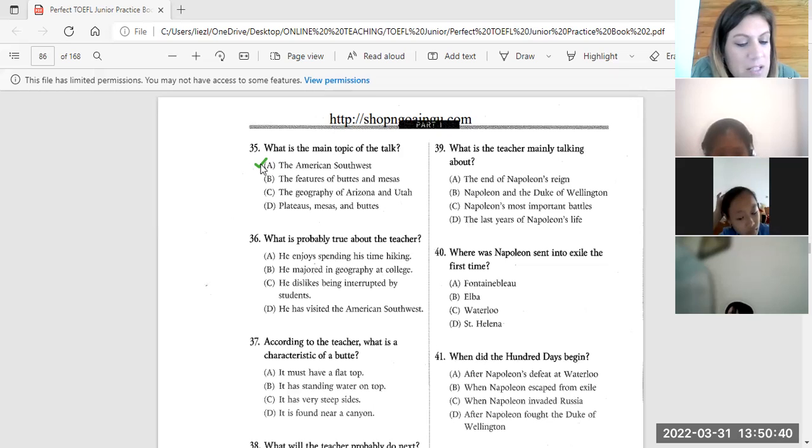Buttes, mesas, and plateaus are all land formations that are higher in elevation than their surrounding areas. They also have steep sides. Oh, and they all have relatively flat tops. Nevertheless, despite these similarities, they have differences as well.